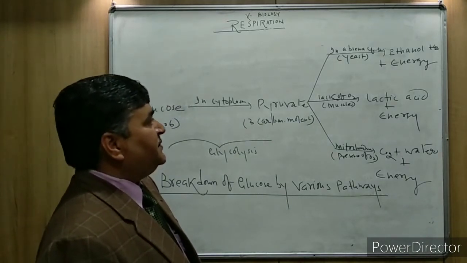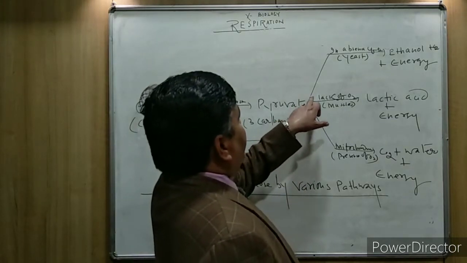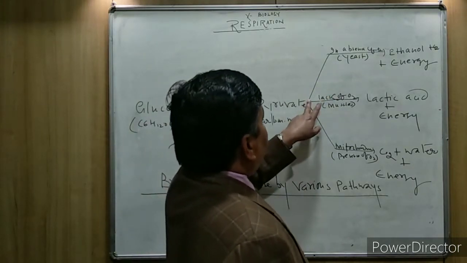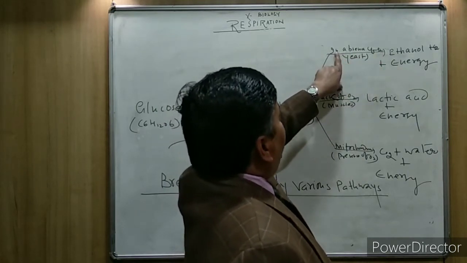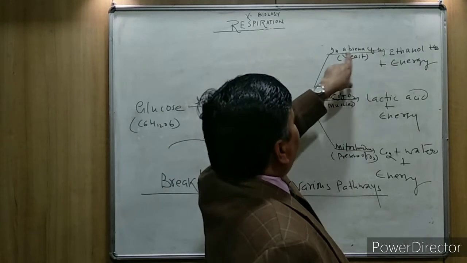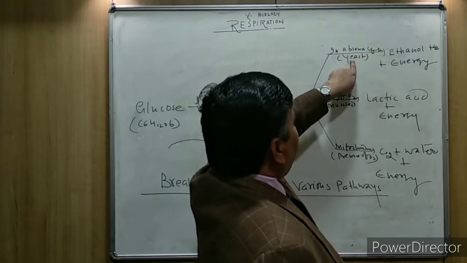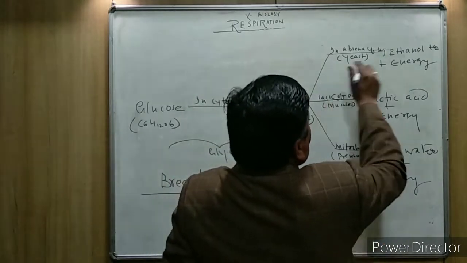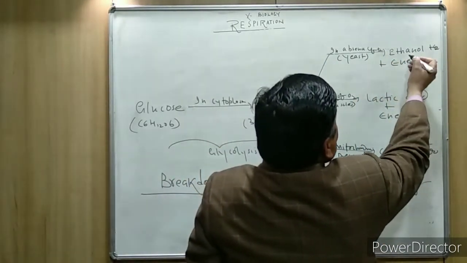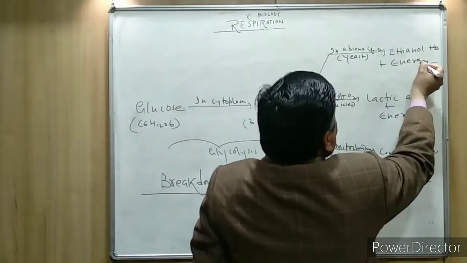Now, the further oxidation of the pyruvate, or you can say pyruvic acid, depends whether oxygen is present or oxygen is absent. If oxygen is absent, in absence of oxygen in yeast cell, the pyruvate is further broken down into the ethanol, that is ethyl alcohol, carbon dioxide and energy.